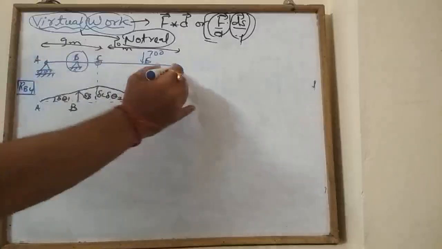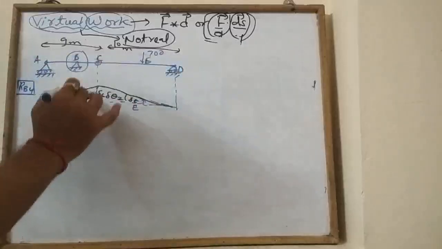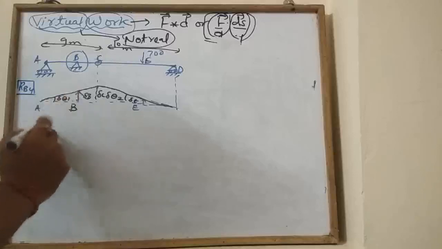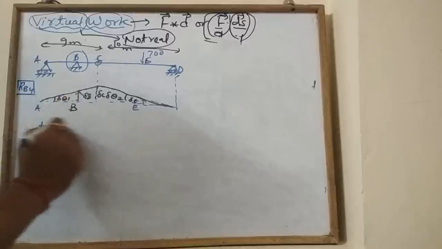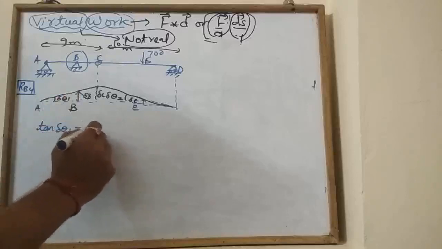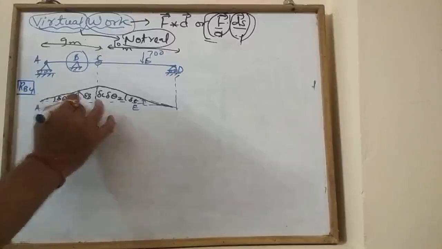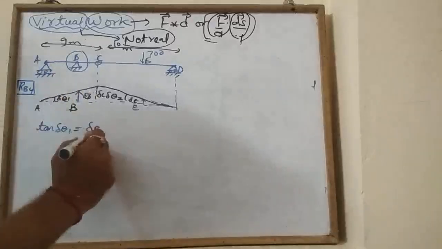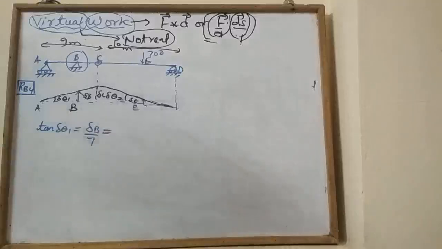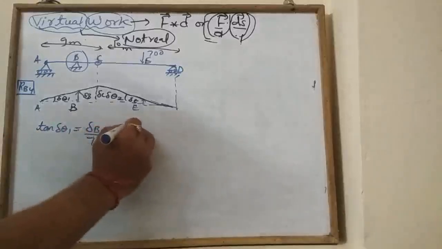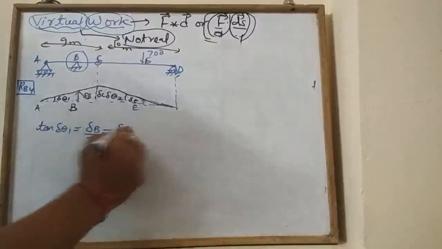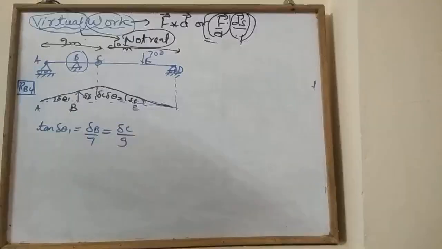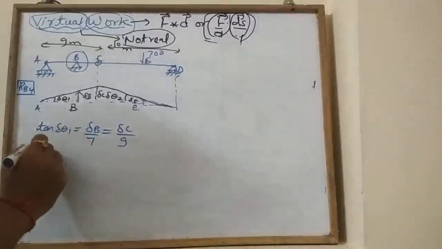So this is same, while this is moved. So tan delta theta 1 equals delta B by AB, and AB was 7 meter, equals delta C by 9.